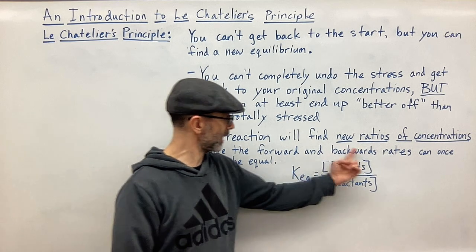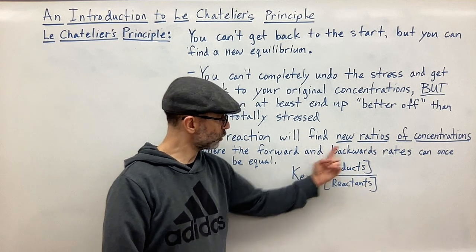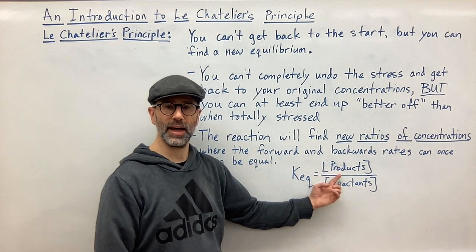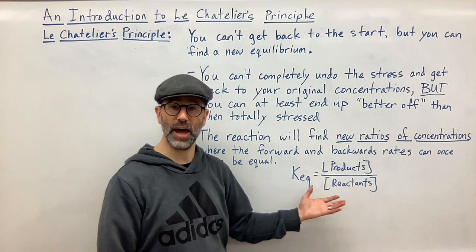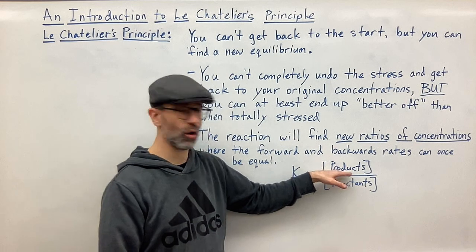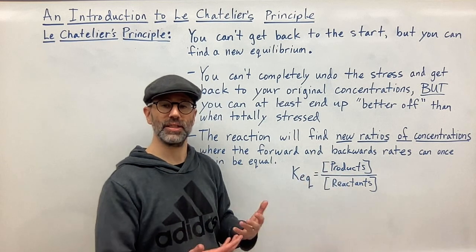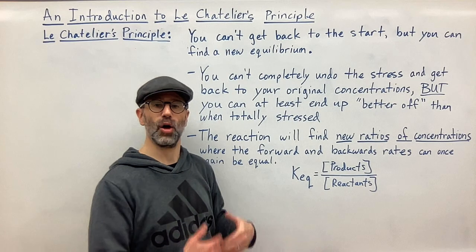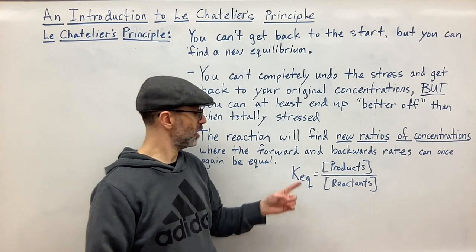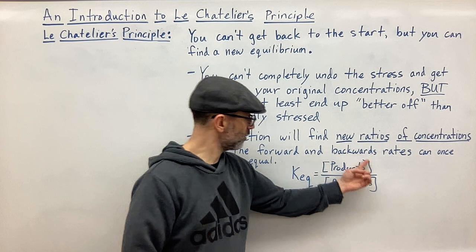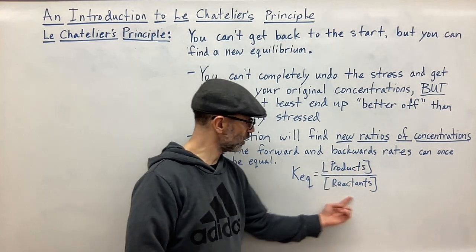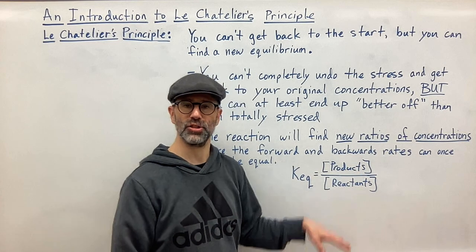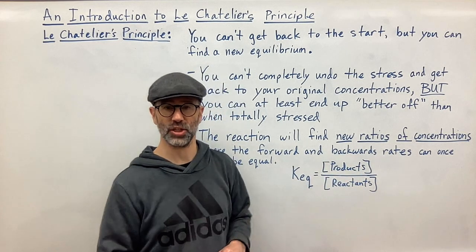If I change the concentrations of products, then it's going to shift in such a way as to undo that. So if I add more products and increase the concentration, it's going to want to decrease that concentration. So this here is going to decrease and it's going to increase this. That's what I'm referring to as far as changing the ratios.